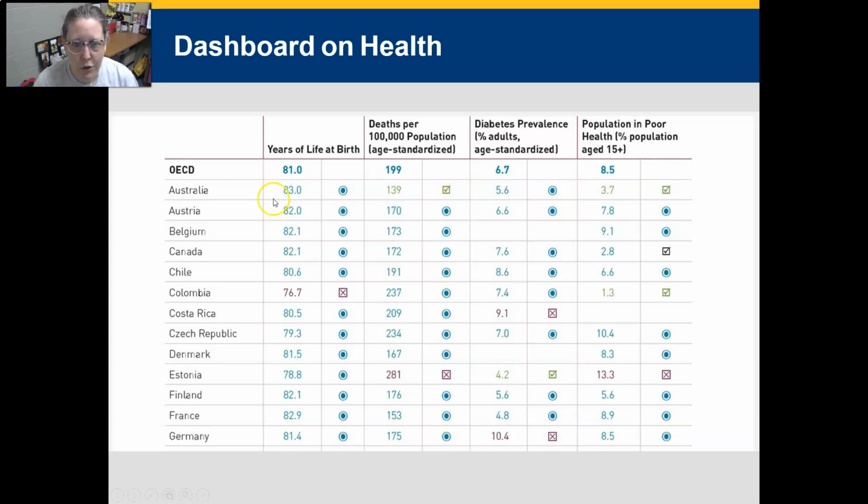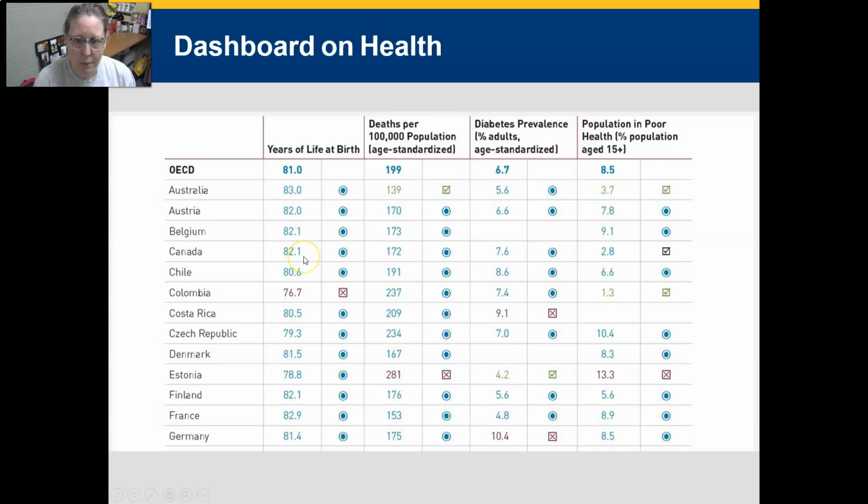If we look at another large country like Australia, their life expectancy is higher than the OECD average. Their diabetes is a little bit lower than the OECD, and their population in poor health is much lower than the OECD. So they've done really well that way.